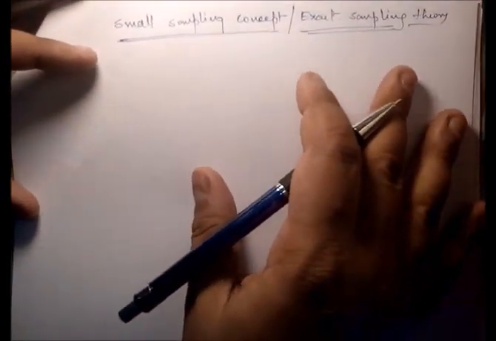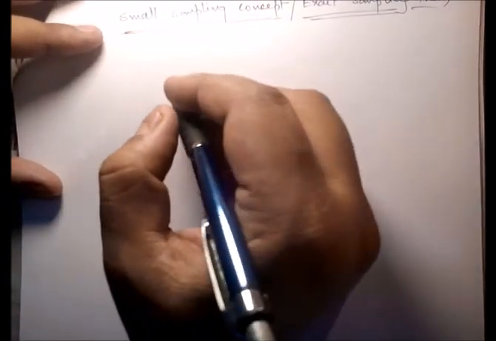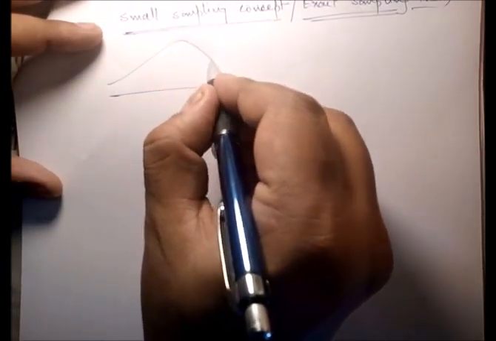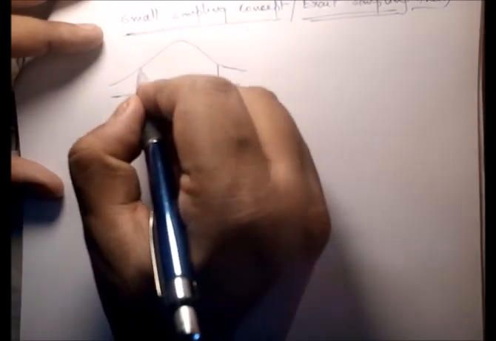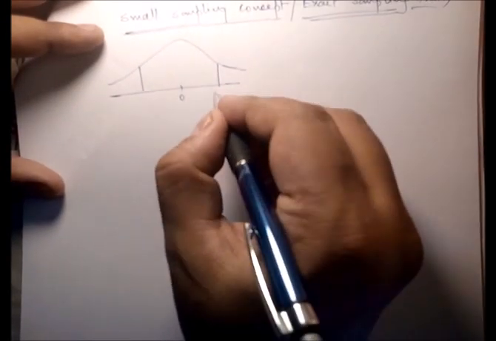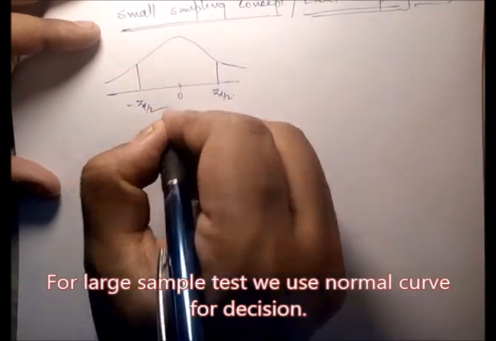Now, already you know that for the large sample case, for conclusion or decision, we use the normal curve, with critical values minus Z alpha by 2 and Z alpha by 2 around 0.